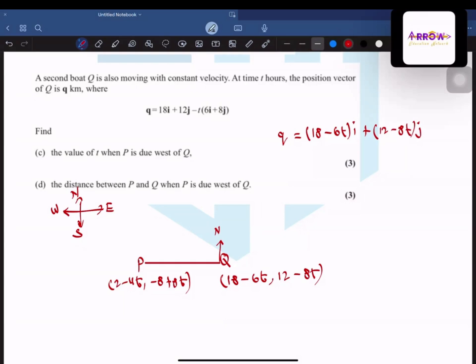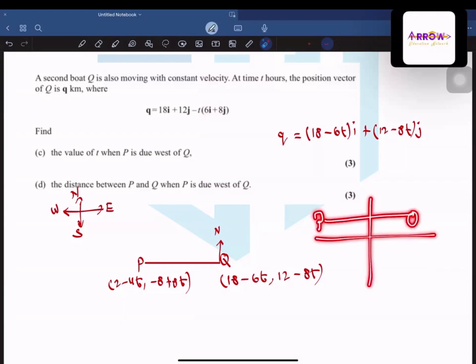So what we can do over here is that since boat P is due west of boat Q, this means that the j components of both the boats will be equal. This makes sense or not? Because this PQ would be a horizontal line. It is exactly the same thing as saying that PQ is a horizontal line.